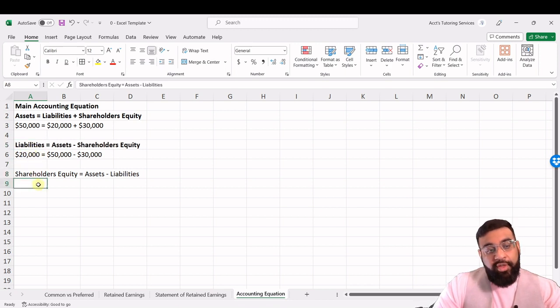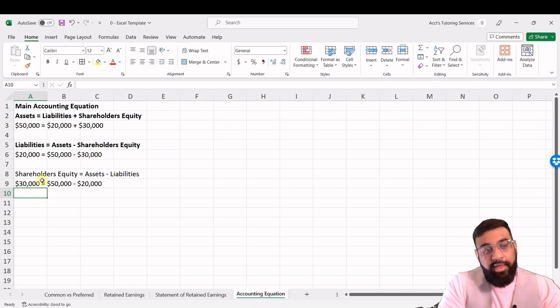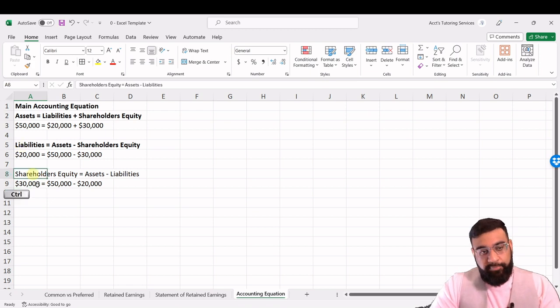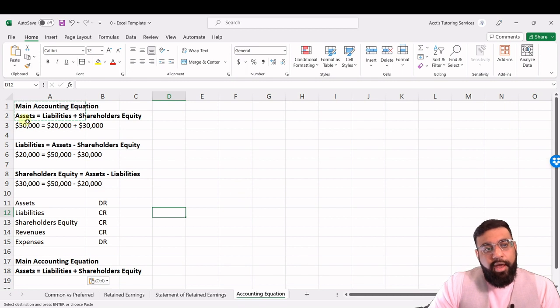Or we could do shareholders' equity equals assets minus liabilities. So shareholders' equity of 30,000 equals assets of 50,000 minus liabilities of 20,000. Once again, this remains in balance. Very important.